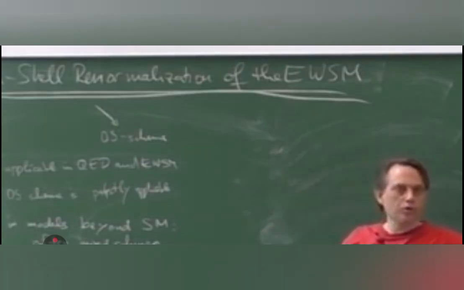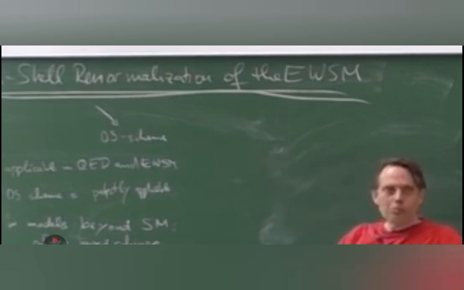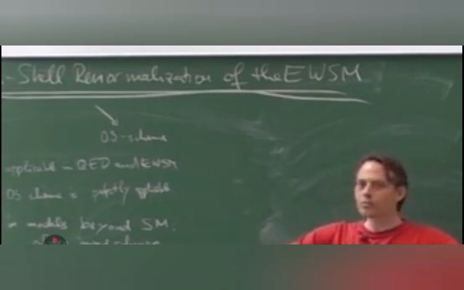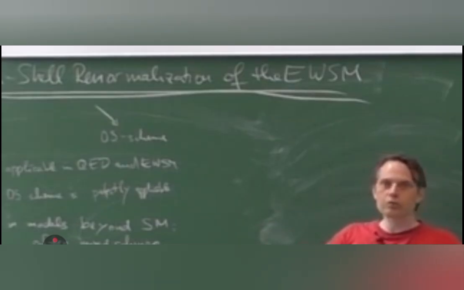But I will not at every point in the derivations point you towards all the different possible alternative schemes, because that would convolute the discussion and make it really intransparent.